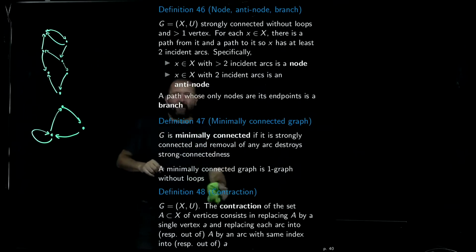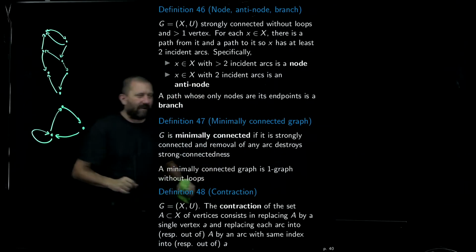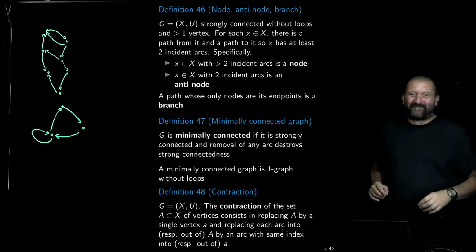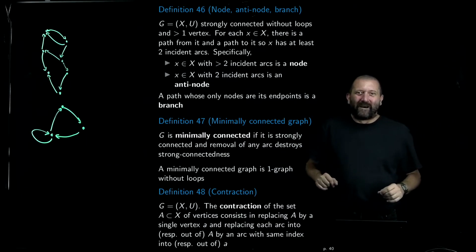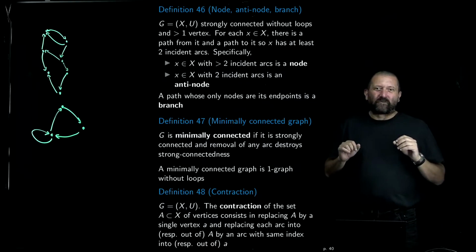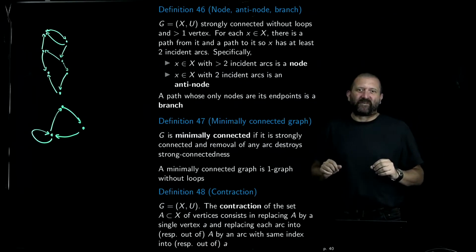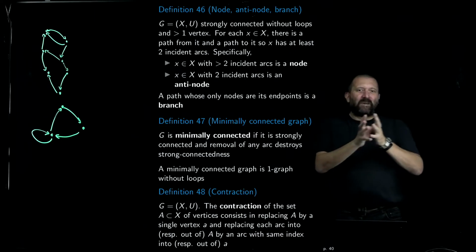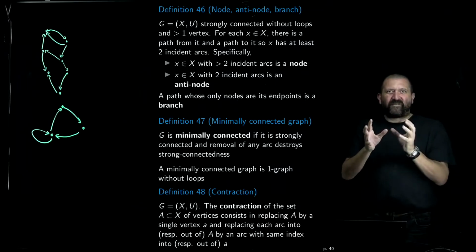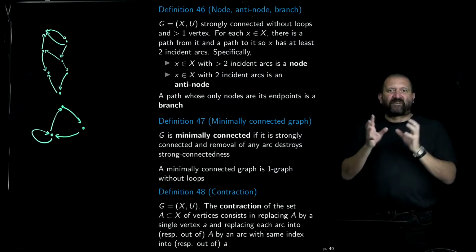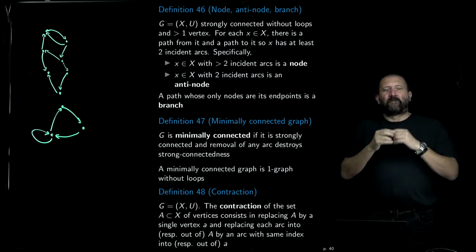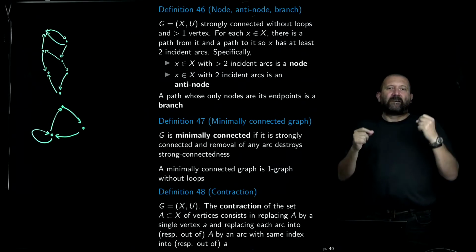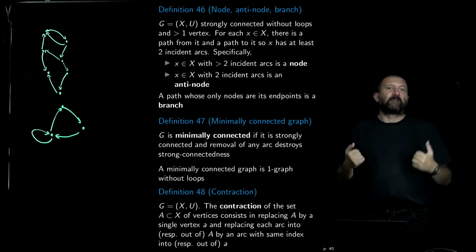And the following definition is very important. Suppose I have a graph, and we call contraction of a set of vertices the operation by which we replace the vertices in that set by a single vertex, and we replace each arc in and out of the set by a single arc with the same index.